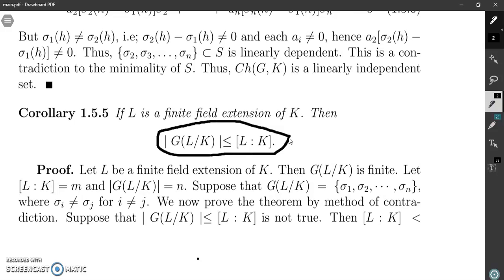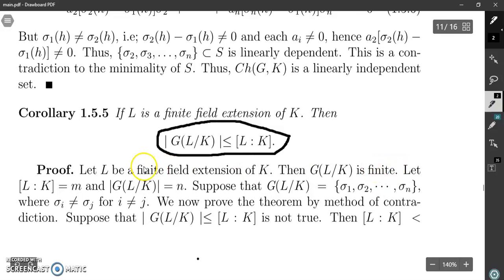To prove this, we use the method of contradiction. First we assume that L is a finite field extension of K. We have observed in previous video lectures that if L is a finite field extension of K, then its Galois group G(L/K) is also finite.